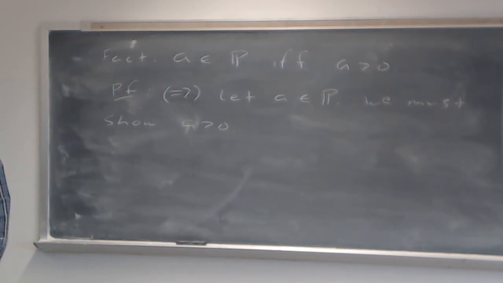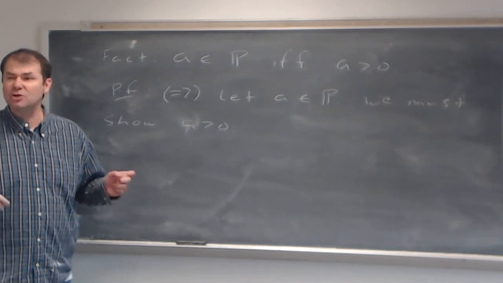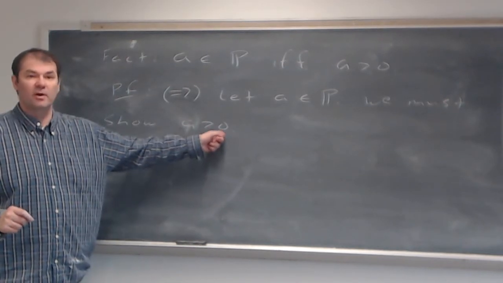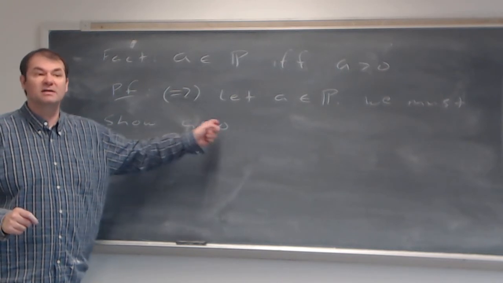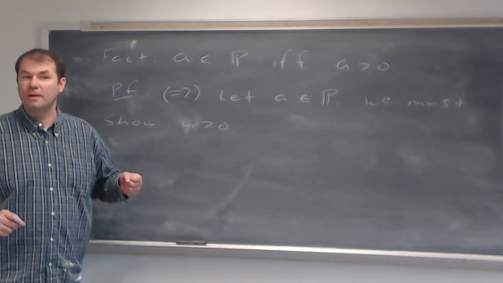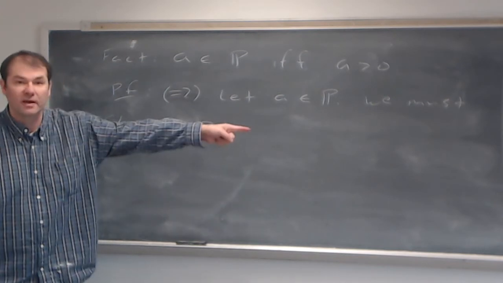I told you we're going to take our time. No rush. Here's what I'm thinking. I've got to show A is greater than 0. How can I show that? Well, how do I show any number is bigger than another number? I've got to show that the bigger minus the smaller is positive. That's what it says over there.